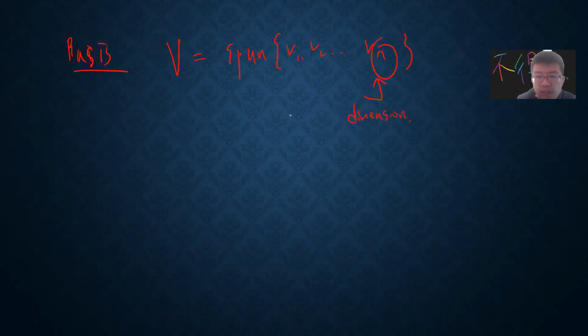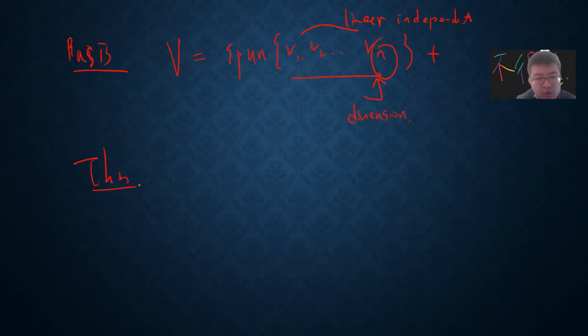Basis means that your vector space V can be written as the span of v1, v2, up to vn, and you also need the condition that they are linearly independent. Then n is called the dimension, and you can prove that the dimension is fixed and invariant.